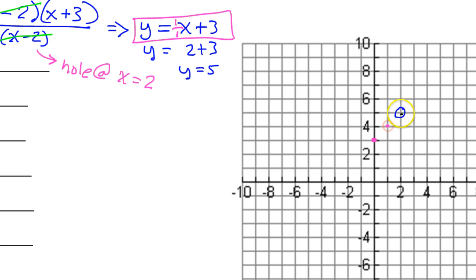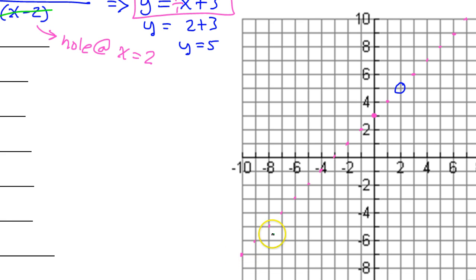So that would be like this, and there's the hole, of course, and you can just continue that pattern to the edge of the graph and do the same thing in the other direction. So we'll go ahead and graph this thing.